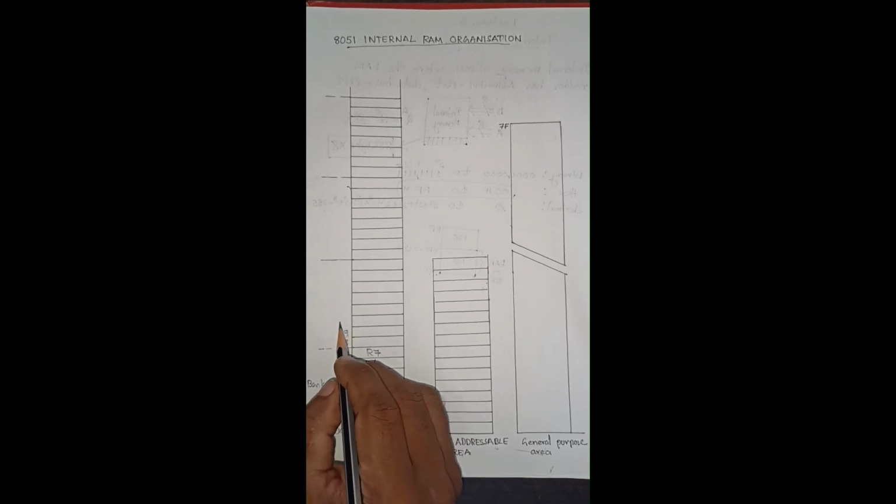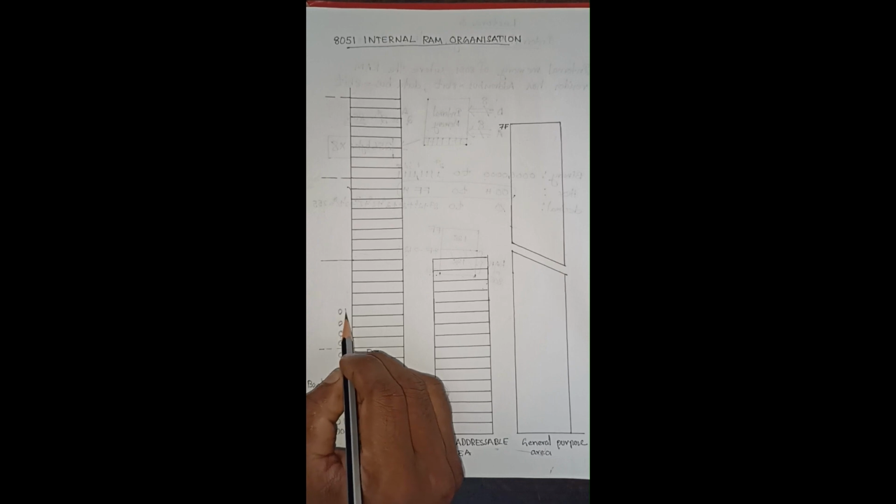So we will write 0A. Then we have 0B, 0C, 0D, 0E and 0F. Now these are the second 8 locations. This is bank 1.